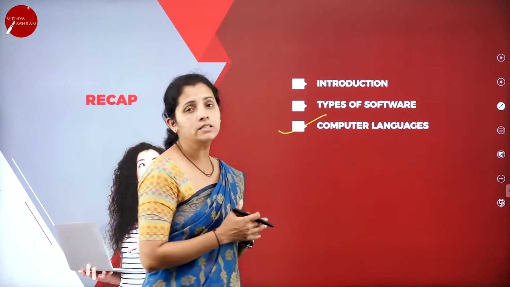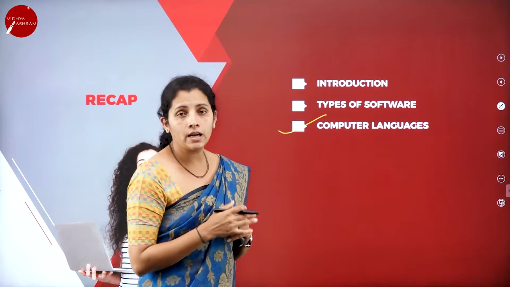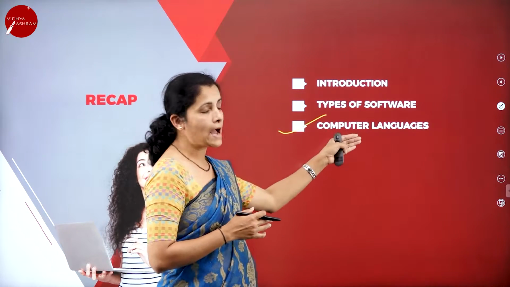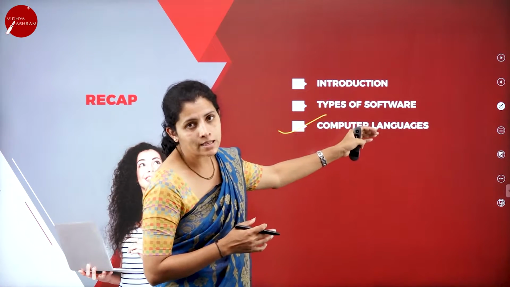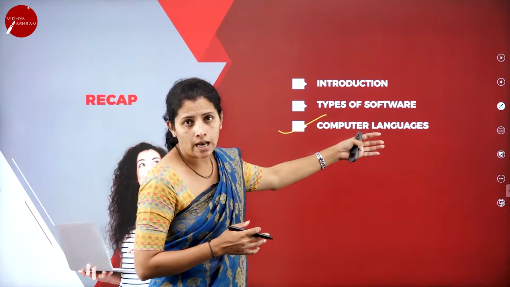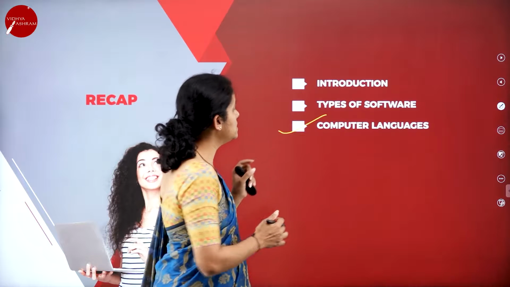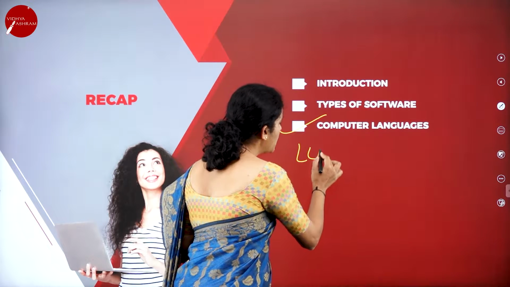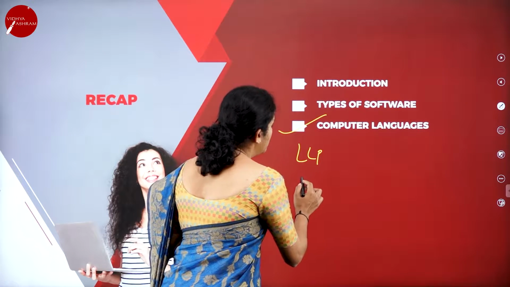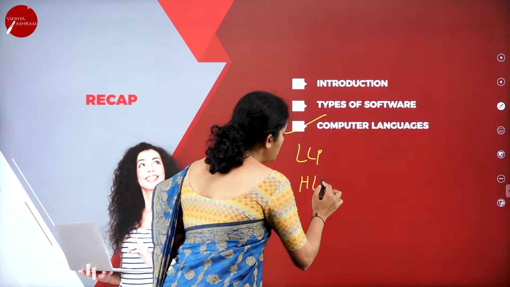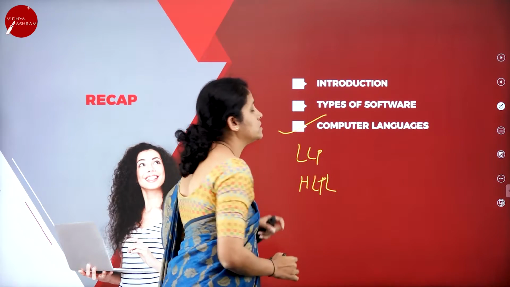Then we had discussion regarding the different kinds of computer language. Computer language is nothing but the programming language. There are two types of programming language: low level programming language and high level programming language.